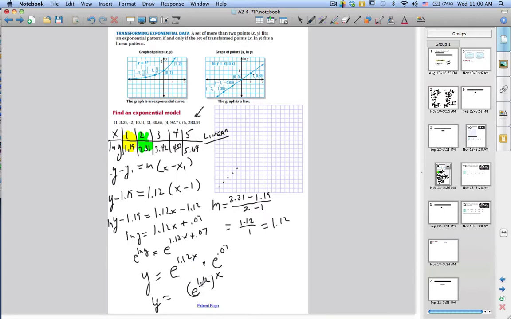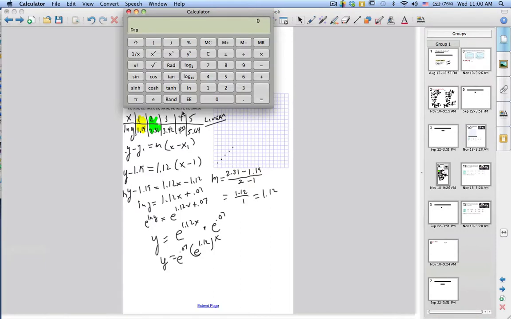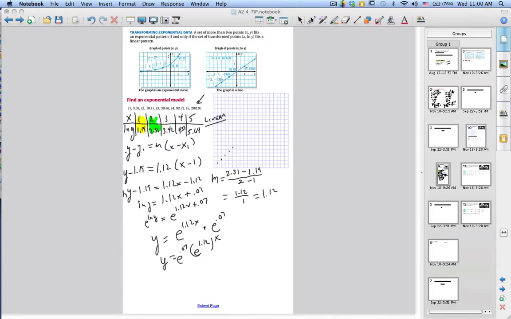And now I'm going to start simplifying these e's to powers. So let's say this is e to the 0.07. I'm putting it into the exponential model. If I take my calculator out and do e to the 0.07 power, that's 1.073, or I'm just going to say 1.07 to make this simpler.